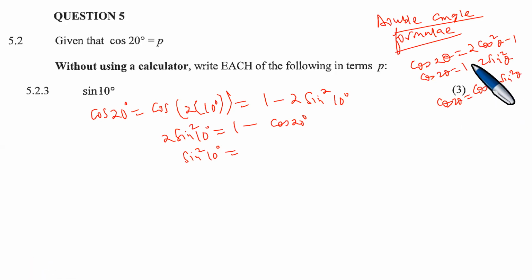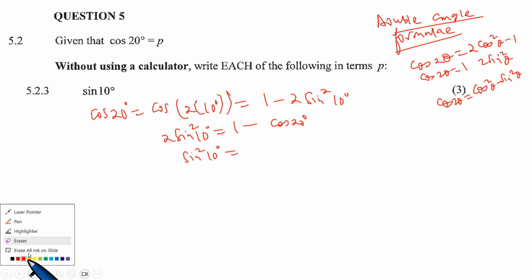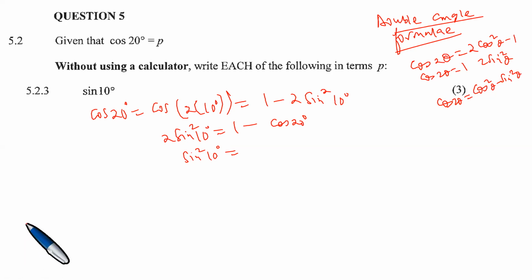Some of these you might not know yet, I'm just giving them because you will ultimately know them. We used the second version, so we have 2 sine squared 10 degrees equals 1 minus cosine 20 degrees.